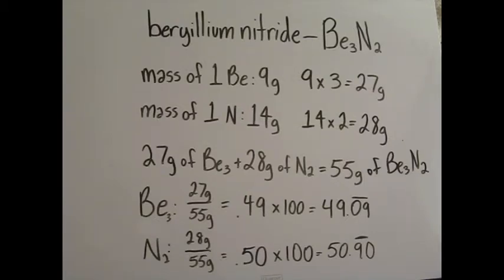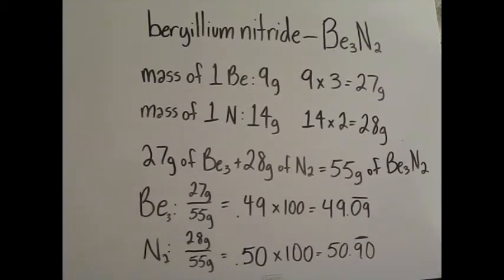Now for Be3, you would do 27 grams divided by the total 55 grams. It equals 0.49. You multiply that by 100 to convert to a percent, which equals 49.09 repeating. For N2, you do 28 grams divided by the total 55 grams, which then equals 0.50.